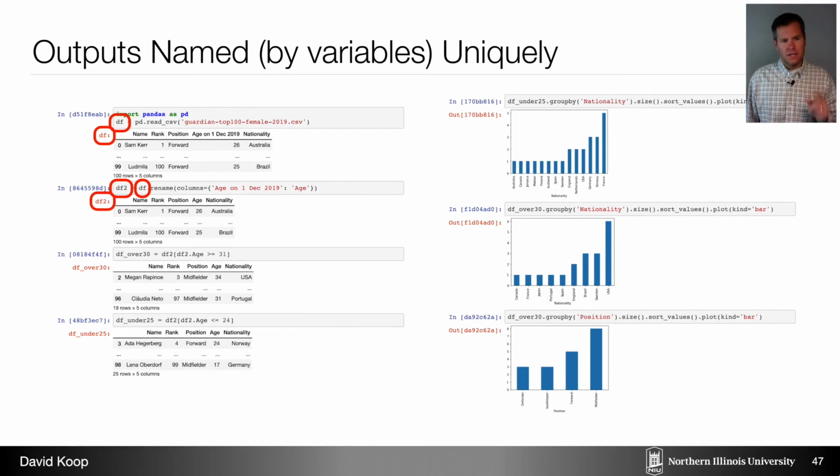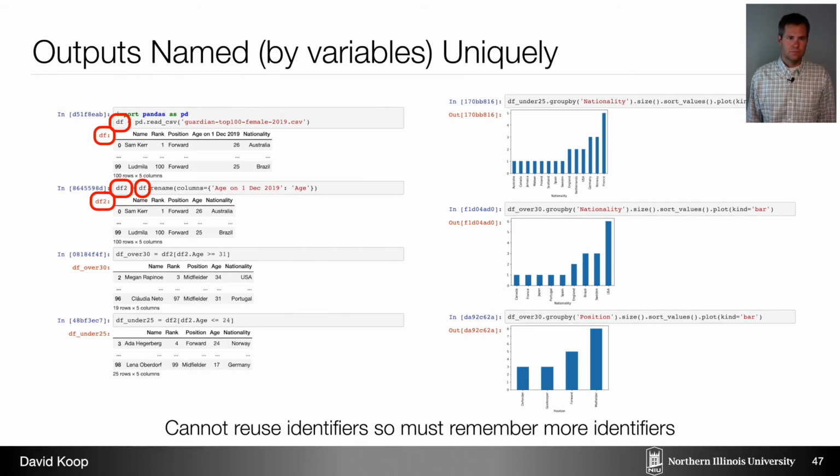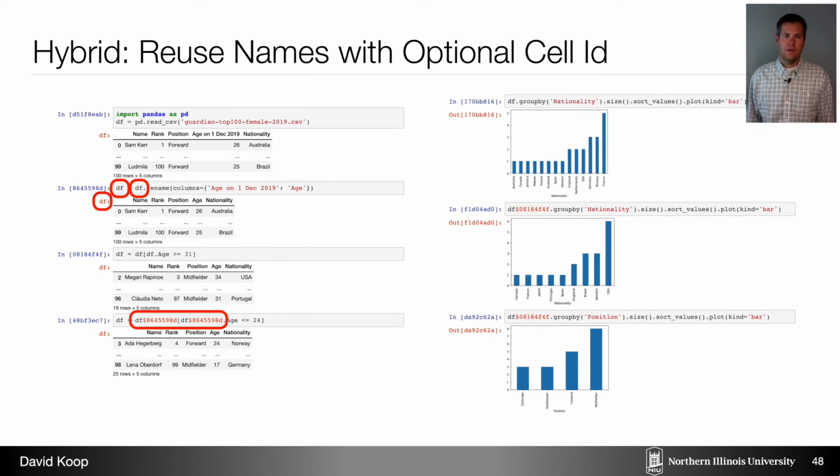One nice thing about having these named outputs is that we can actually put them into the notebook in that left-hand margin. So we can actually write what the name of the variable is, which helps people find those variables a little bit better. But you can't reuse the identifiers, so you have to remember more identifiers.